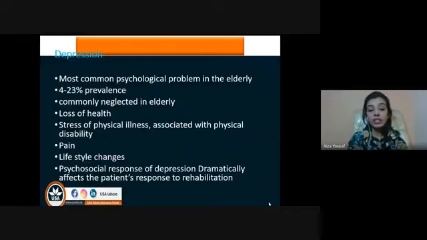It may cause fatigue, generalized pain, and lifestyle changes. The psychosocial response of depression dramatically affects the patient's response to rehabilitation. As the patient is not feeling well, the patient is always in a state of anxiety. That's why he is not capable of giving a better response towards the treatment.